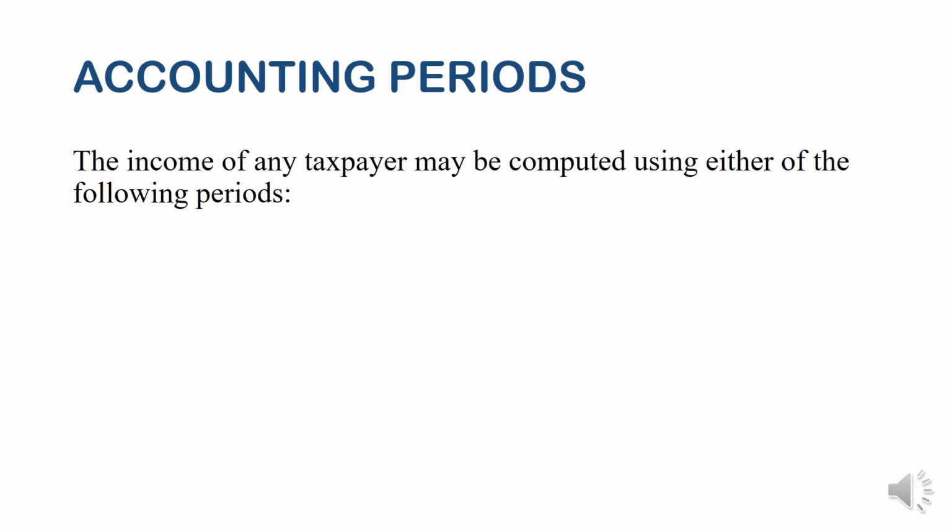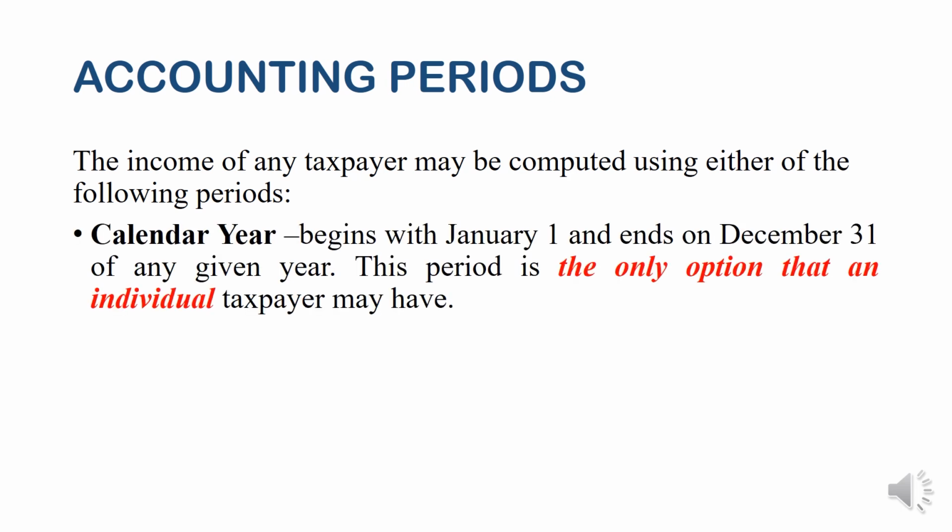The income of any taxpayer may be computed using either of the following periods. Calendar year begins with January 1 and ends on December 31 of any given year. This period, however, is the only option that an individual taxpayer may have.